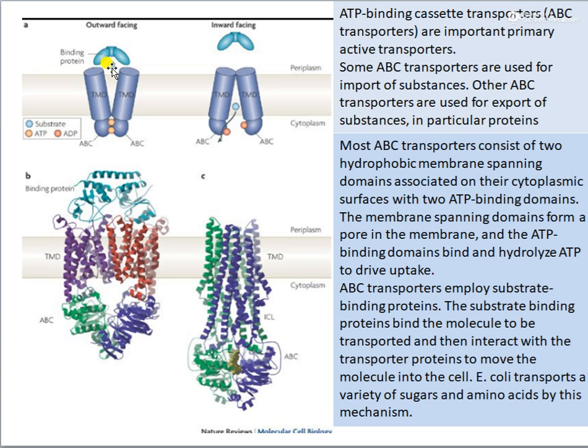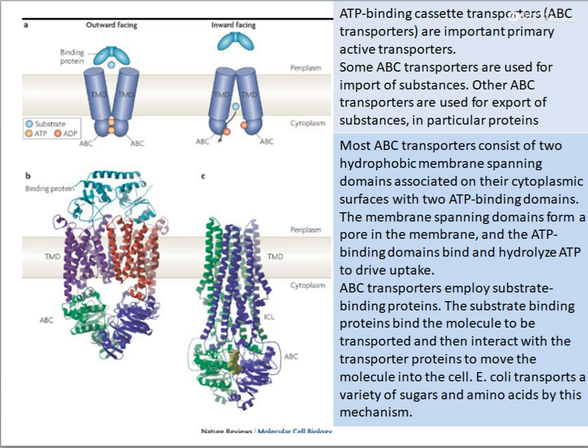The protein will interact with the ABC transporter, and at the same time it will interact with ATP, and the breakdown of ATP will drive the ABC transporter to undergo certain conformational changes, and the substrate will be brought into the inside of the particular cell. This is how an ABC transporter, or a primary active transporter, for example, is working.